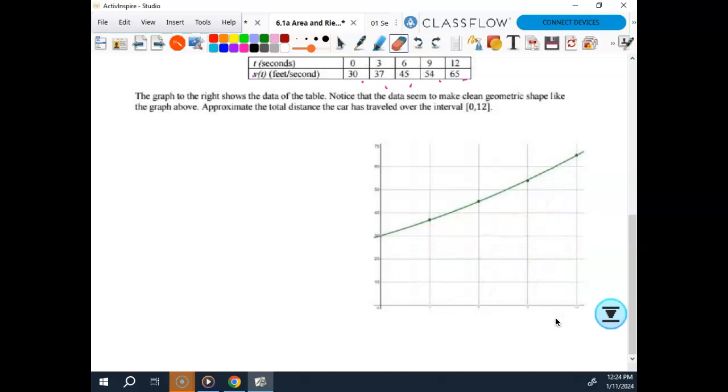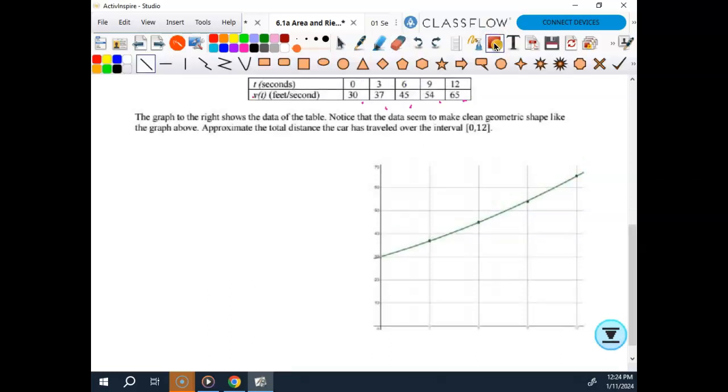I heard the word trapezoid, but do you have to do a trapezoid? No, you don't have to.